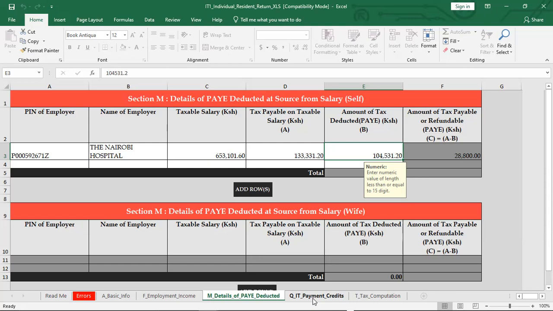If you can go to the P9, I'm just curious, how was this computed? How is it contributing to the non-taxable item?